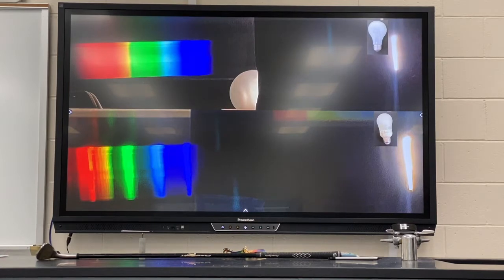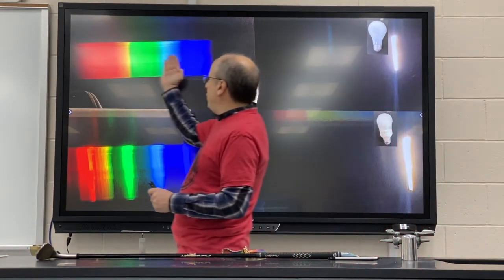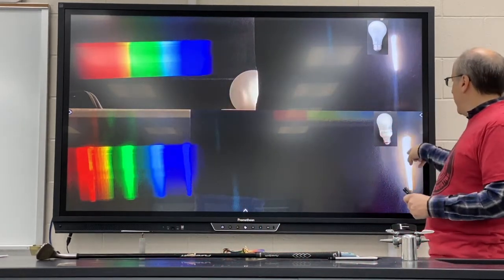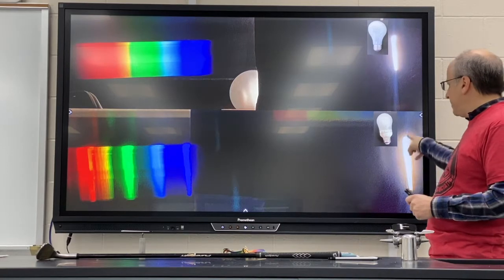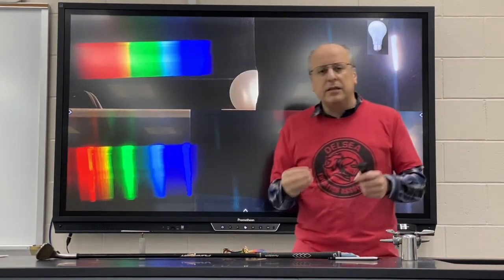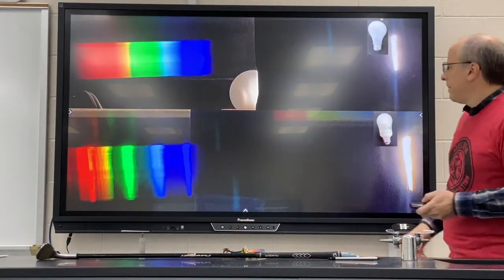And what we get with our incandescent bulb is a beautiful continuous spectrum. When I use the fluorescent bulb, this pencil of white light turns into distinct colors where others are missing.